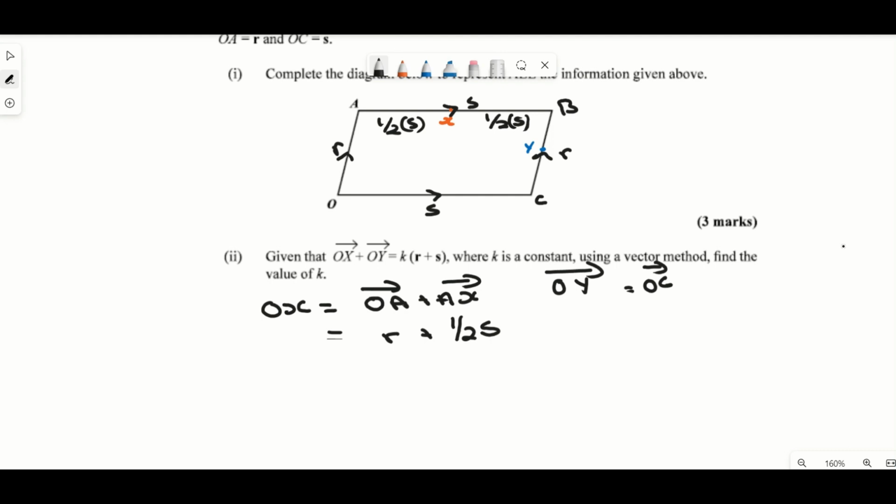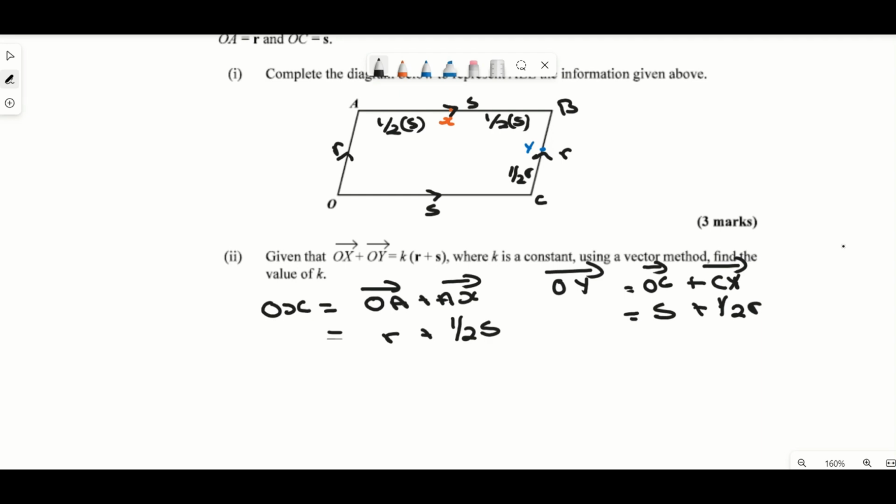OC is S and CY is a half R. Sorry, I made a mistake here; I wrote a half Y, but it's a half R, because this CB is R. C to Y is a half of CB. That's how I got CY is a half R.